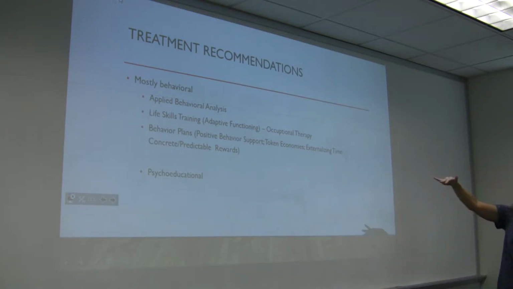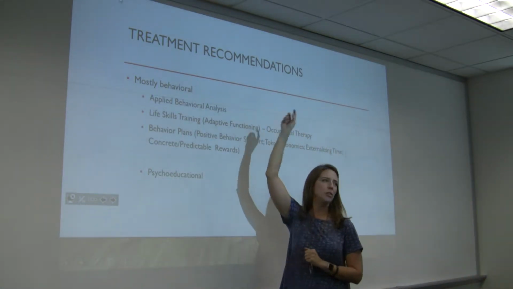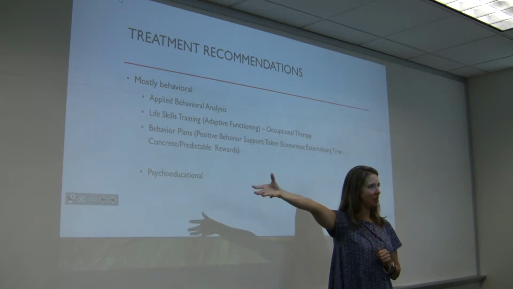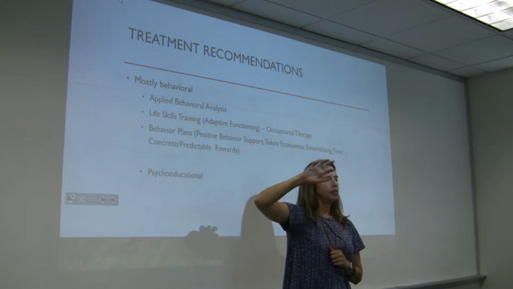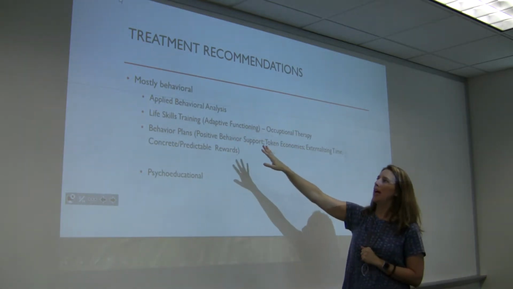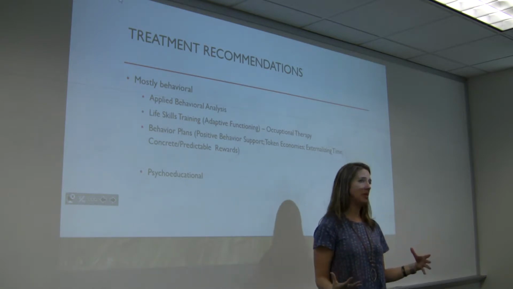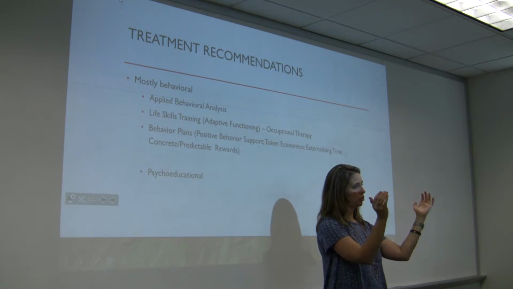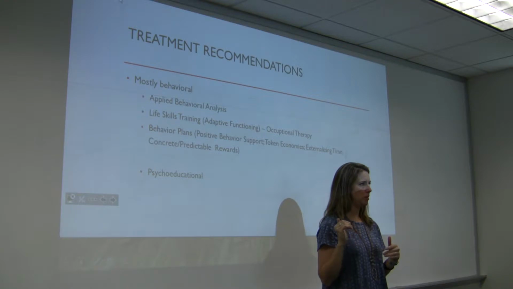With most of those disorders, we're looking at treatment recommendations that are mostly behavioral. You need to know about applied behavioral analysis, which is that ABC, right? Antecedent, behavior, consequence. You remember that? We're looking at the different types of behaviors that we're trying to remedy or ameliorate, and we put into place either changes in the antecedent, so change the situation, or in the consequence in terms of rewards, punishments.